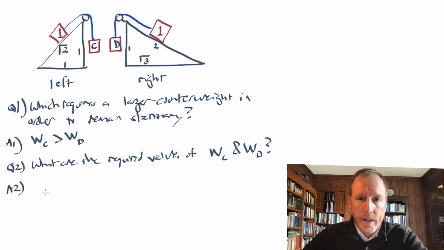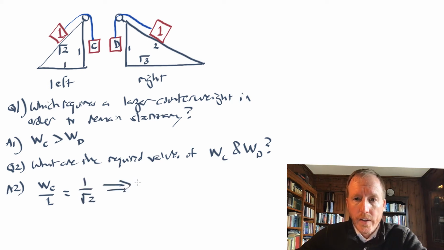So if I were to write that, the weight C is to 1, that's the ratio of the weight hanging from the left pulley and the weight sitting on the left ramp, that has to be in the same ratio as 1 over root 2. Or in other words, the weight of block C is 1 over the square root of 2.